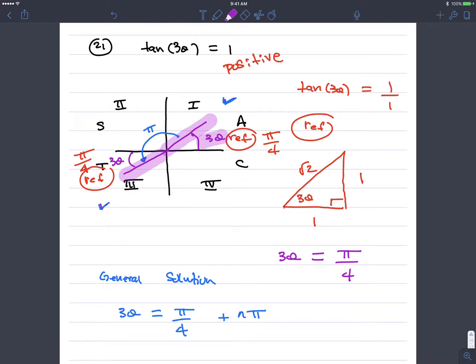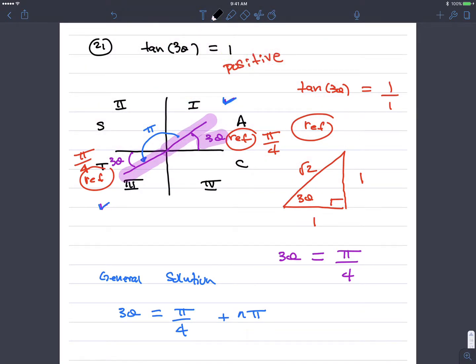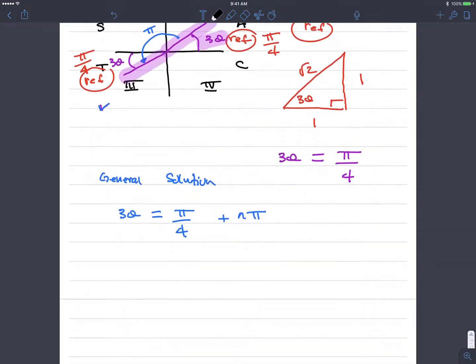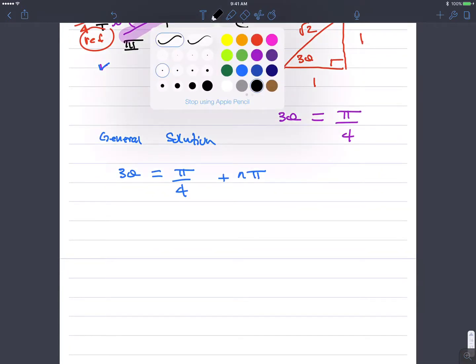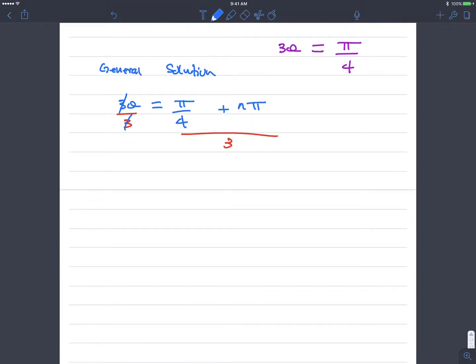Now for the general solution, we need to solve this not for 3 theta. They want us to solve for theta. So we're solving all of these for theta. All right, how do we do that then? Well, just simply do what? Divide by 3 on both sides and perform your arithmetic. So the 3's cancel, and here's what you end up with.